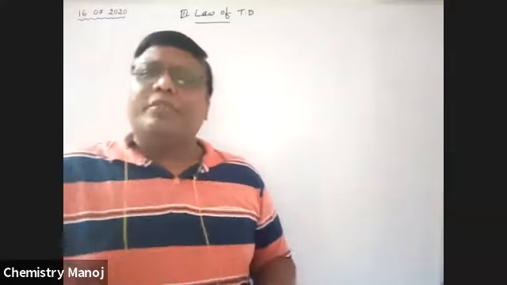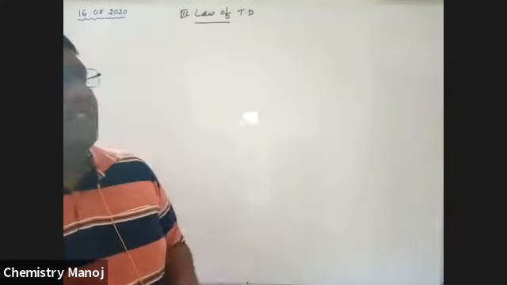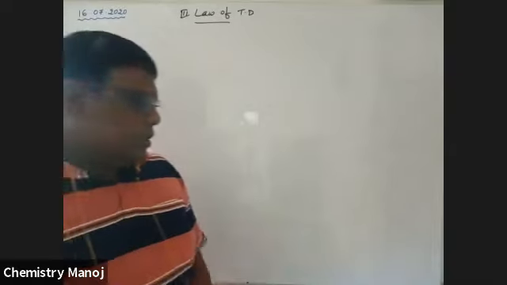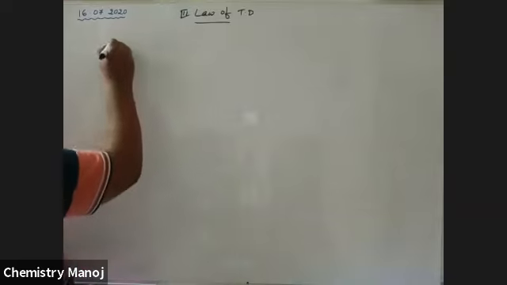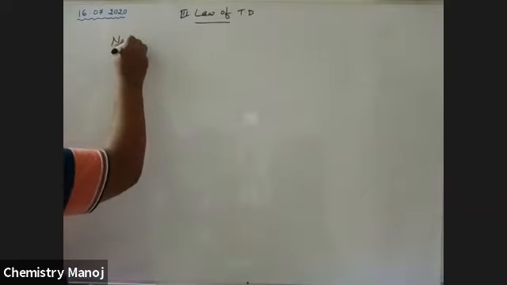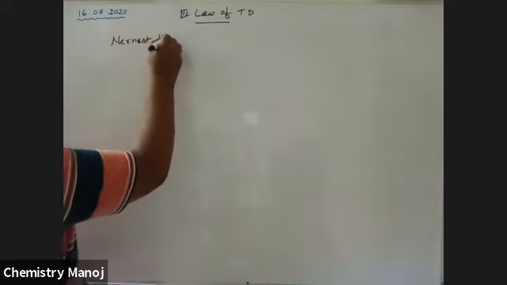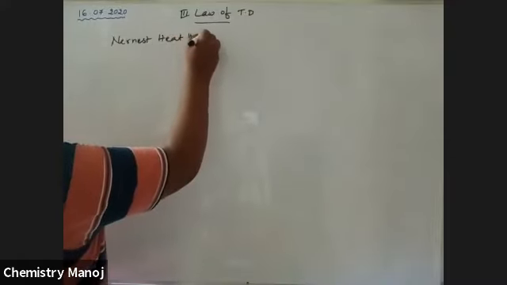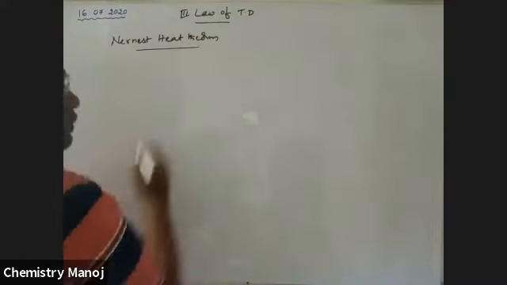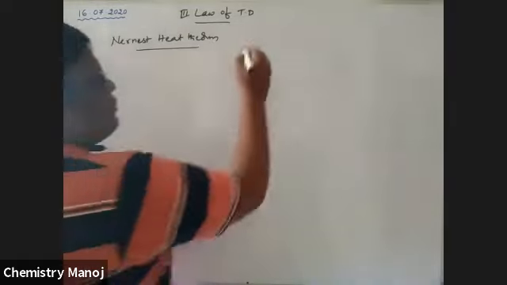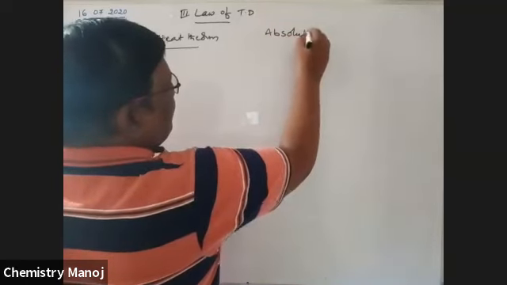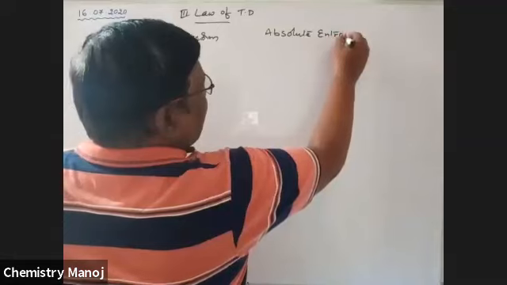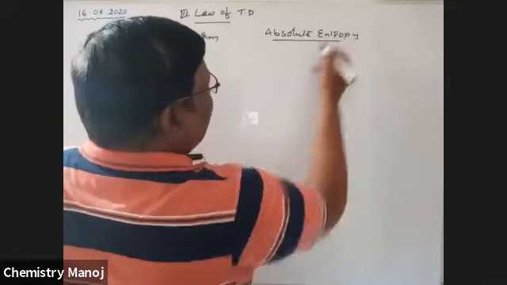This third law is also called the Nernst heat theorem. It is for absolute entropy.